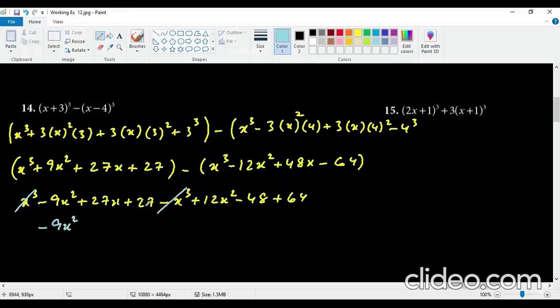So minus 9x square and plus 12x square and plus 27x, and this is a 48x.